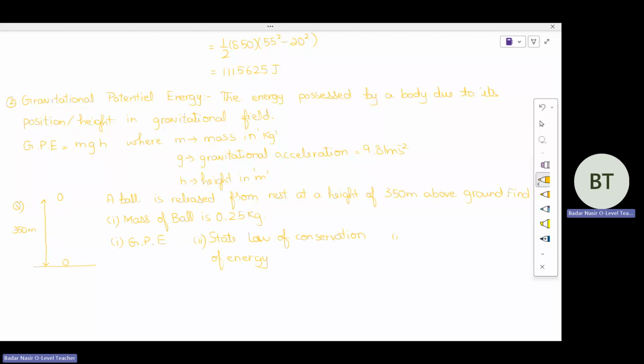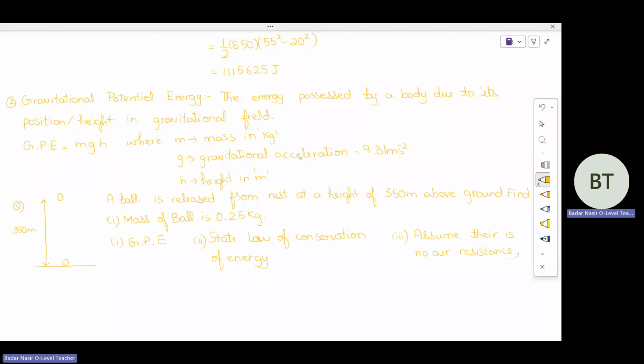And in the third part he says that assume that there is no air resistance. Okay, so assume there is no air resistance.